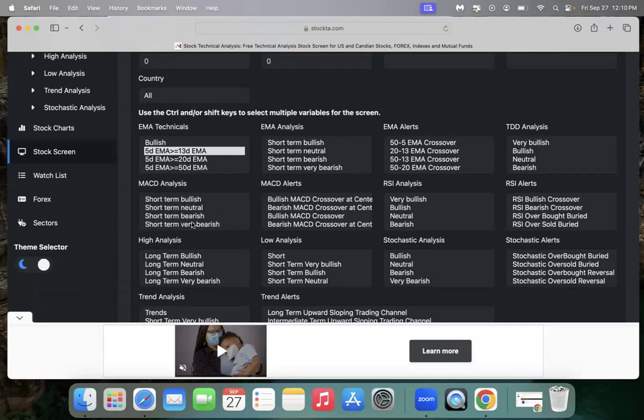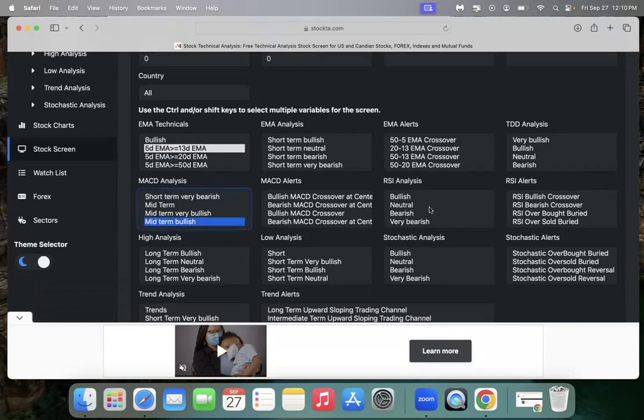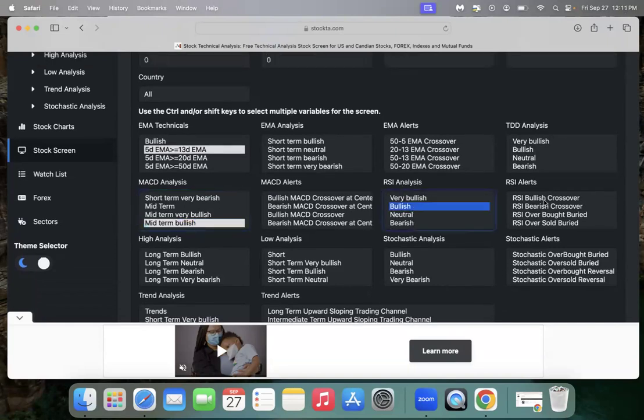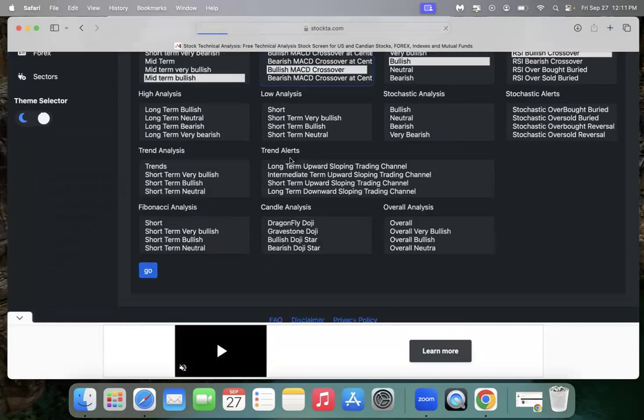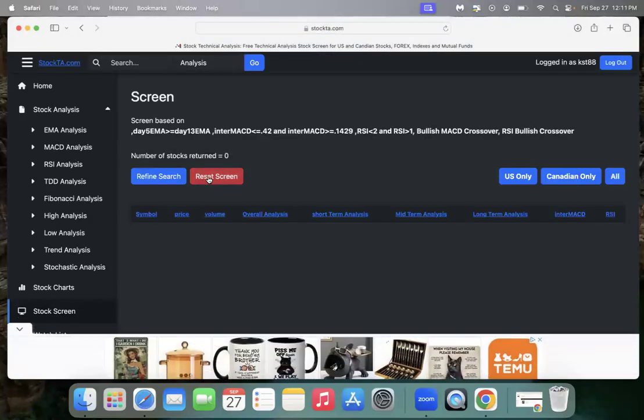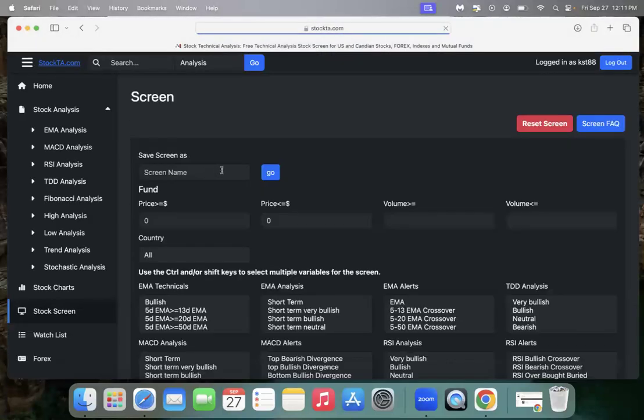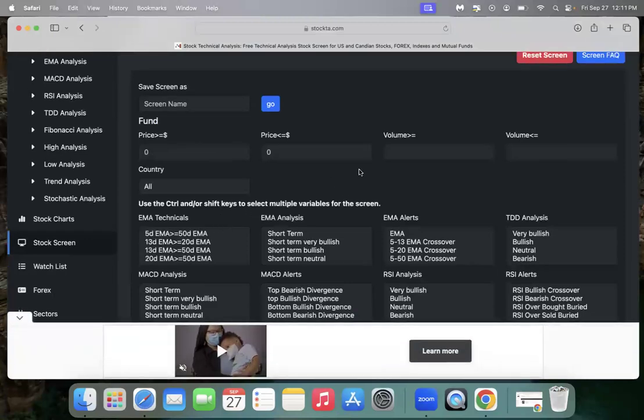I want MACD midterm bullish. I want RSI bullish. I want an RSI bullish crossover. Let's get rid of this. Let's see what comes up. So I picked way too many things. So that's what happens if you do too much.